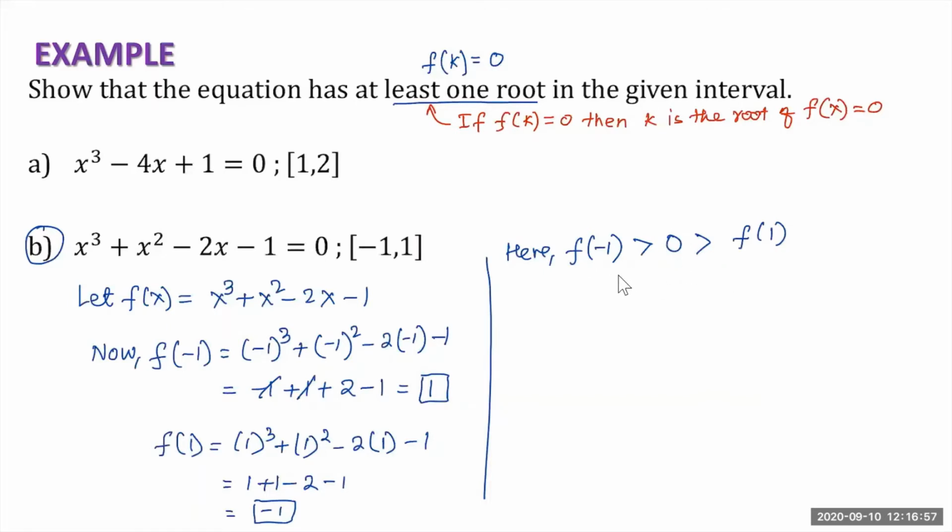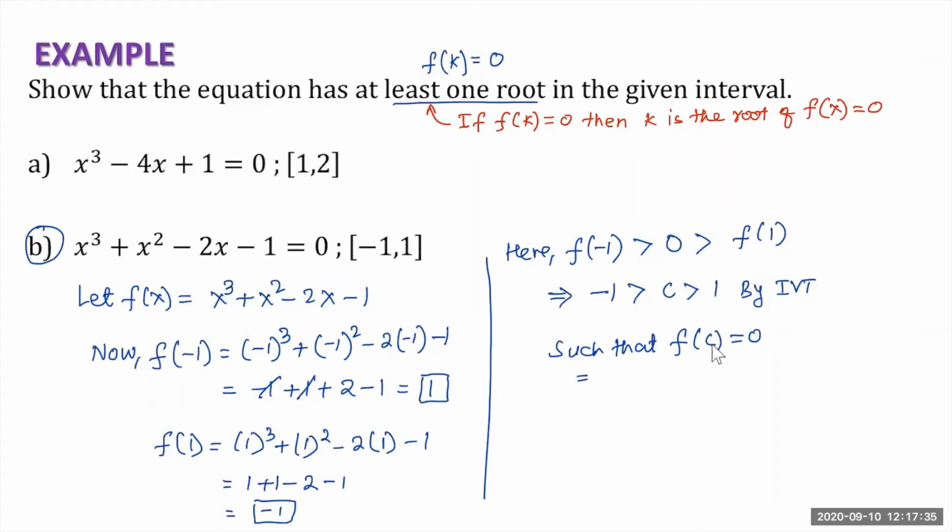Now, if you use the intermediate value theorem, we get f of -1 when you plug in -1 to the function, you will get 0 if you plug in c, and you'll get f of 1 when you plug in 1. So by the intermediate value theorem, there is a c such that f of c is 0. F of c is 0, meaning c is the root of the equation.